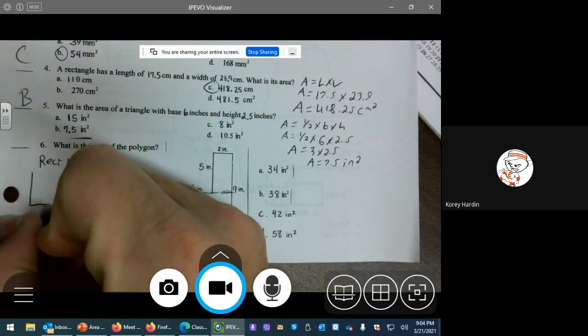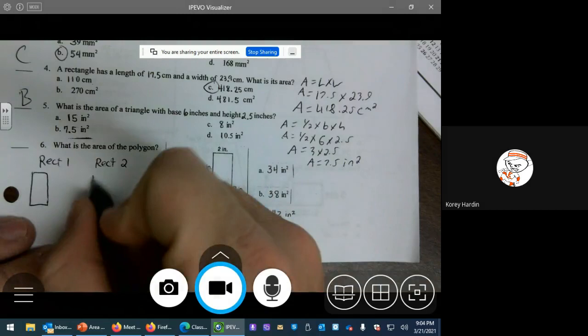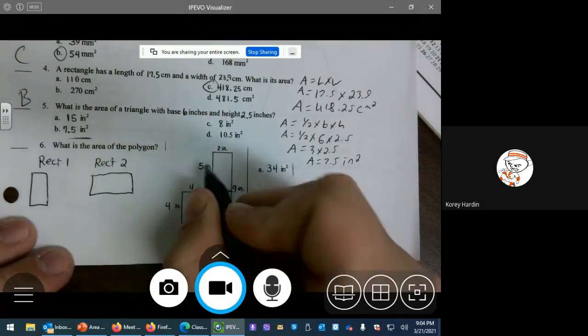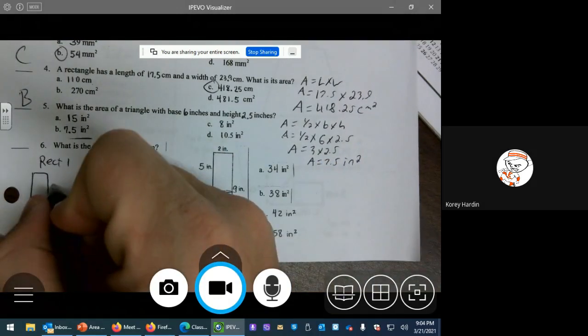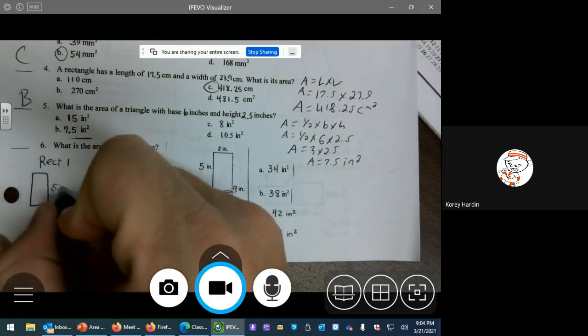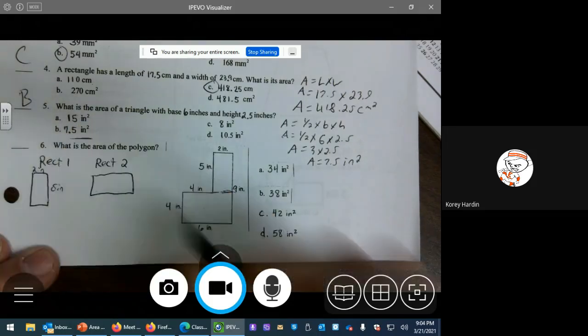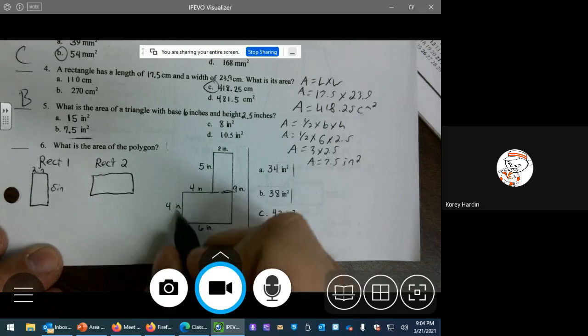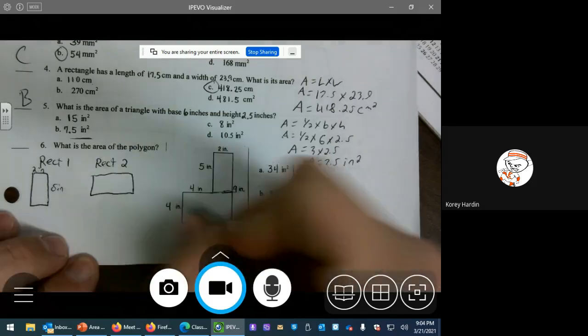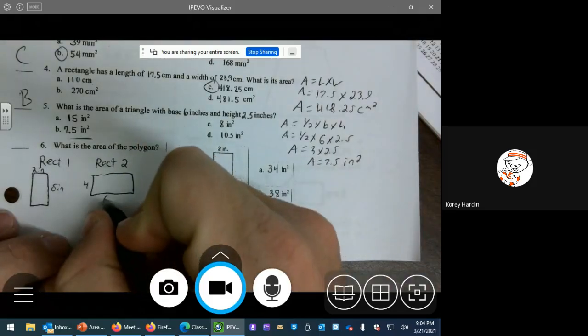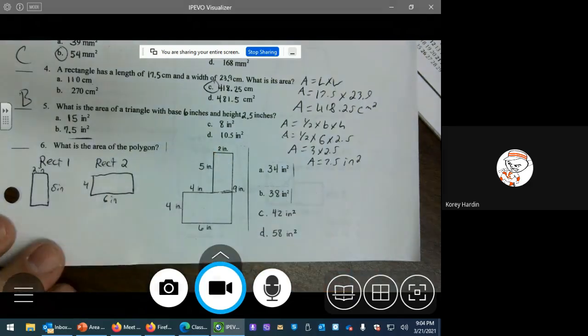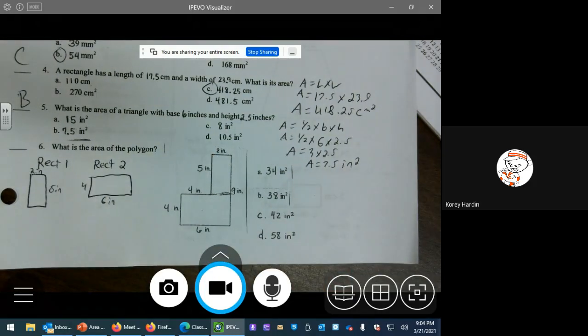So 1 is going to look like that, and 2 is going to look like that. So for rectangle 1, I've got 5 inches, and I have 2 inches. Rectangle 2, I've got 4 and 6.